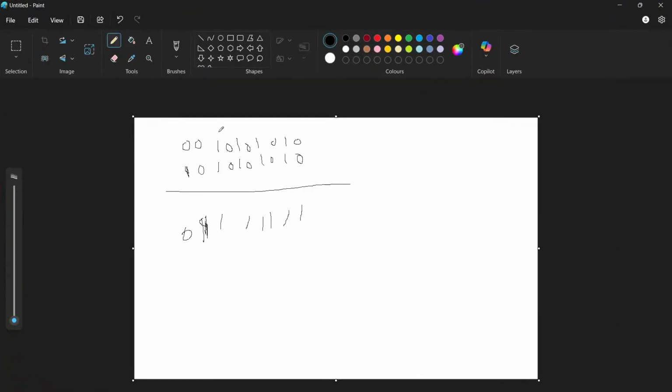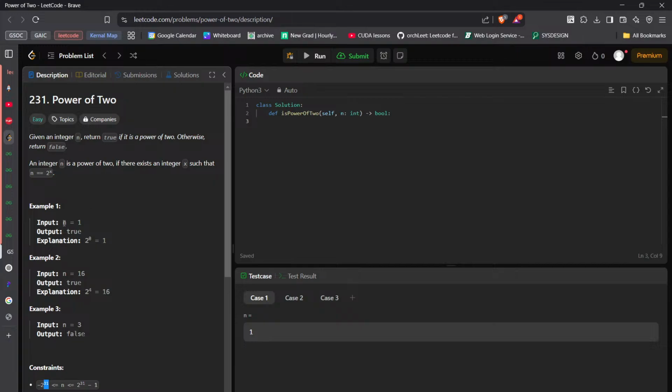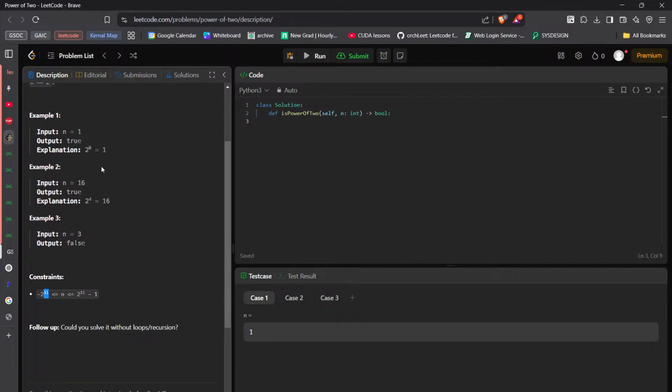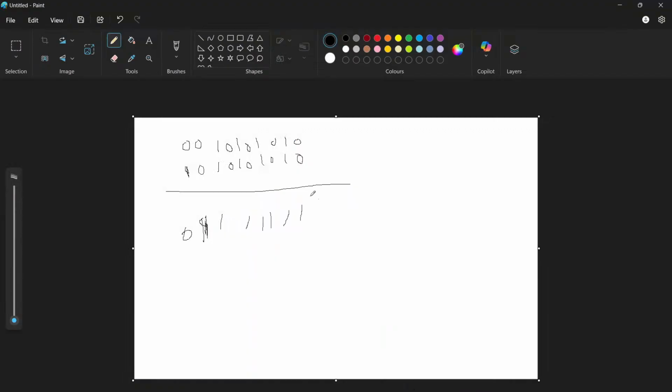With whom do I AND it in order to give me? Okay. Instead of that, what I can do is let's check if odd places are 0 or not.